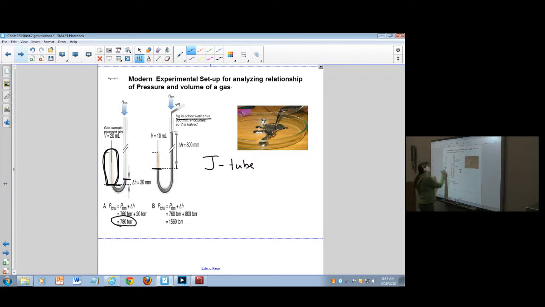This used to be 20 mL, and now it's 10 mL of gas in this trapped end. So we halve that volume, and we end up basically doubling the pressure. So the pressure is related to the volume in some way. But is it directly proportional? And the answer is no.